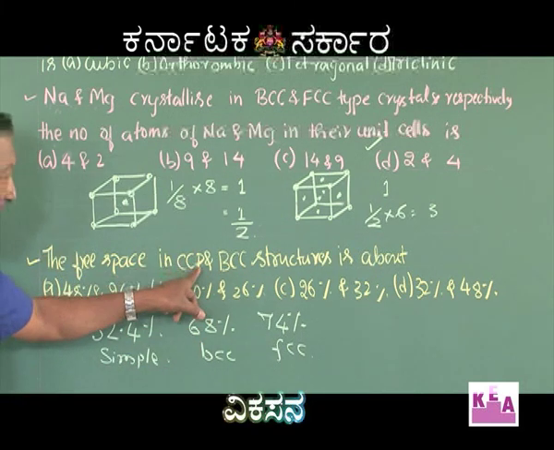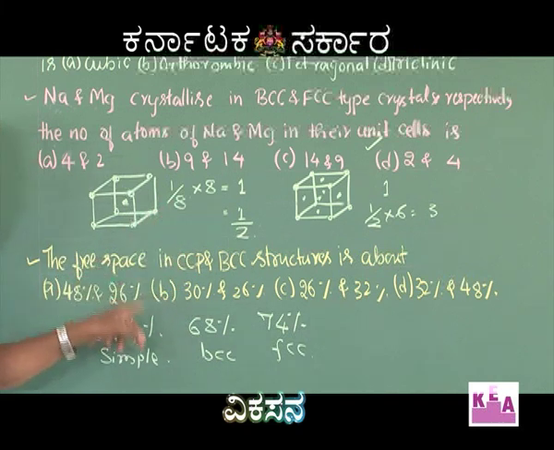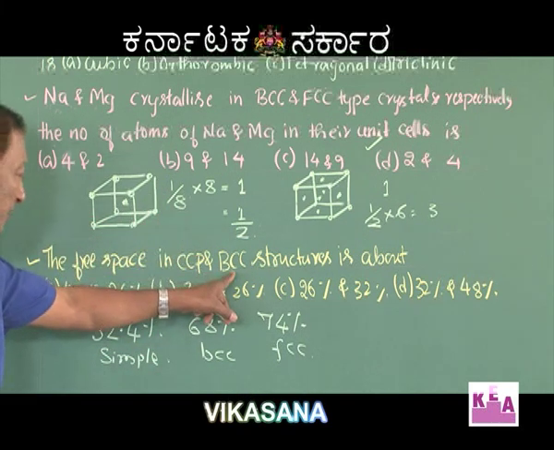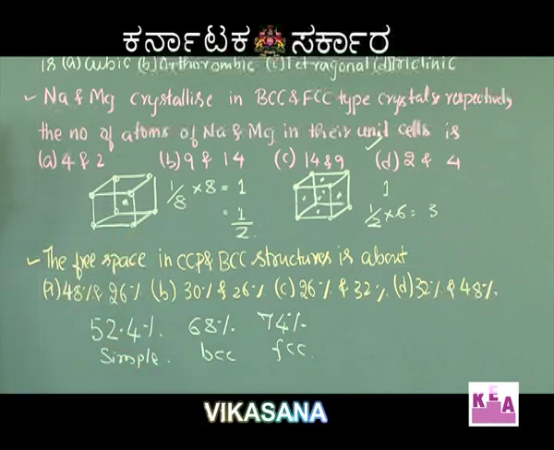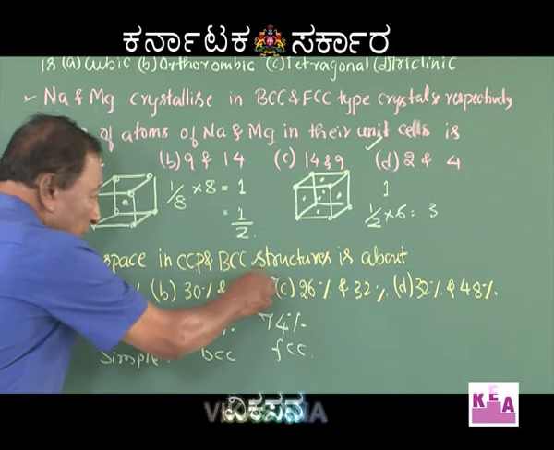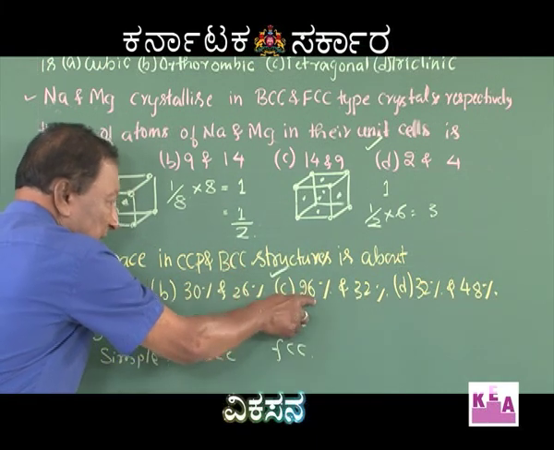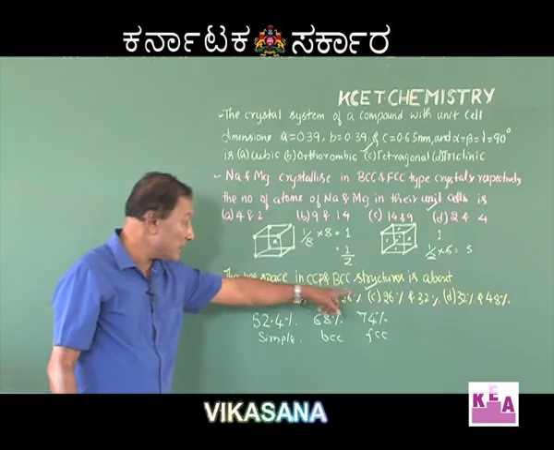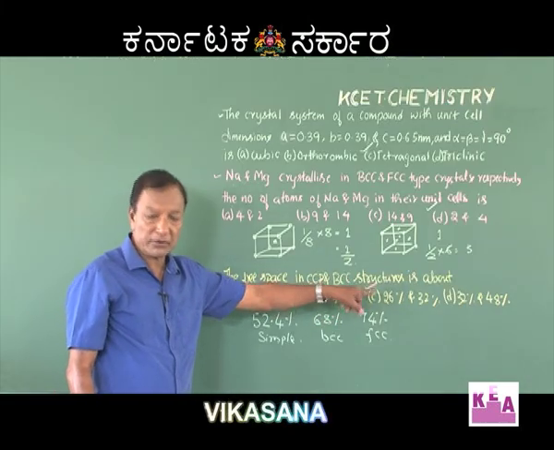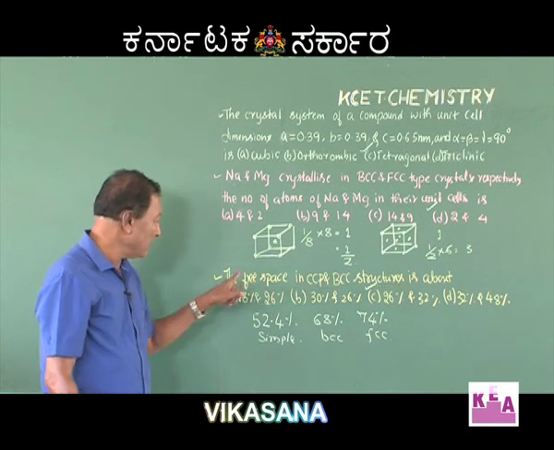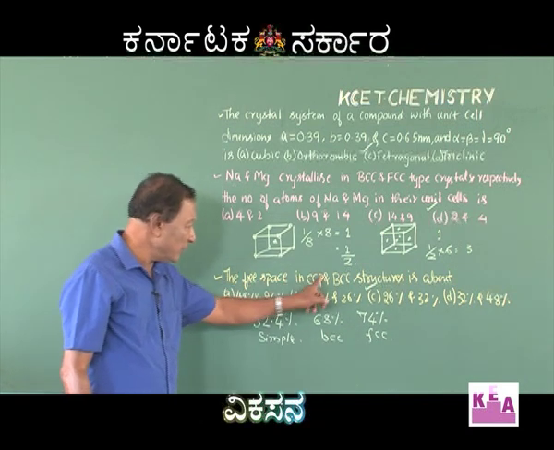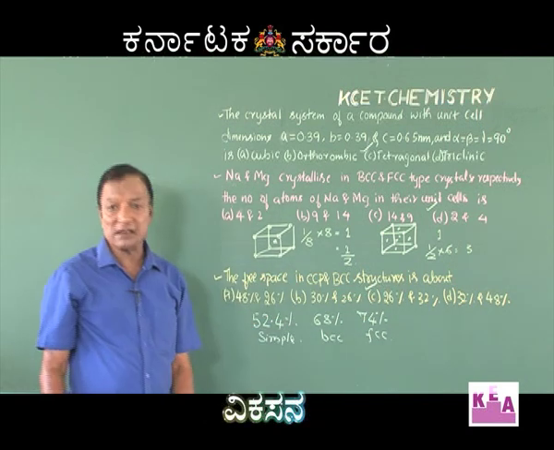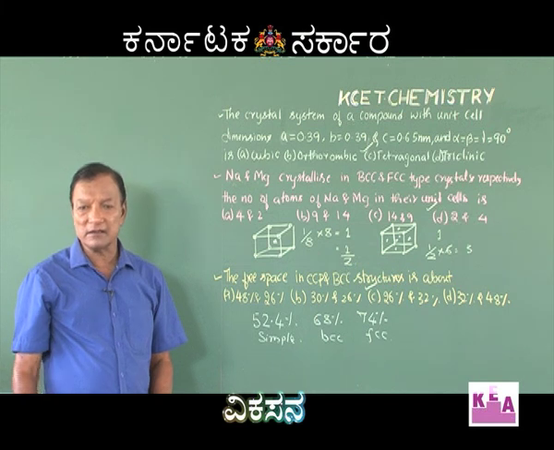Sequentially, CCP has the empty space of 26% and BCC has the empty space of 32%. Thereby, 26% for CCP and 32% for BCC is seen in option C, and option C is correct.